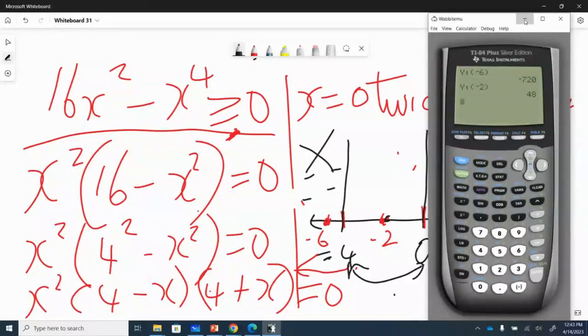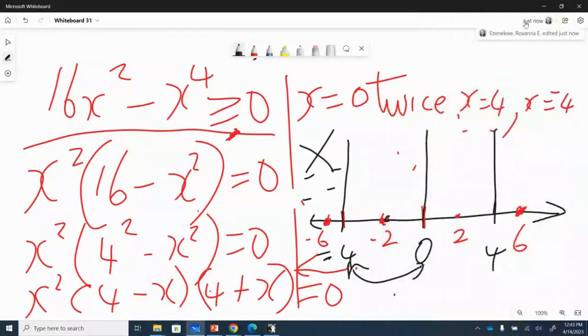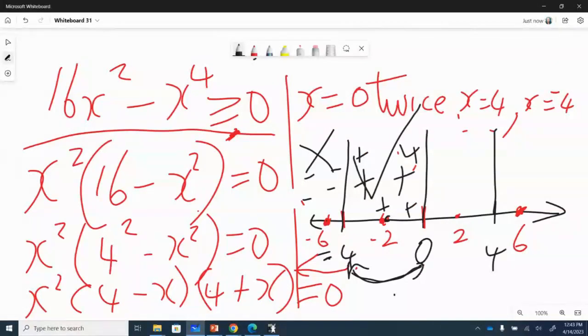In other words, the section from -4 to 0 passed the test. Therefore, it is in the solution region. It passed the test because 48 is greater than 0. All right, it doesn't matter that we have found one solution region. We have to test all the sections.